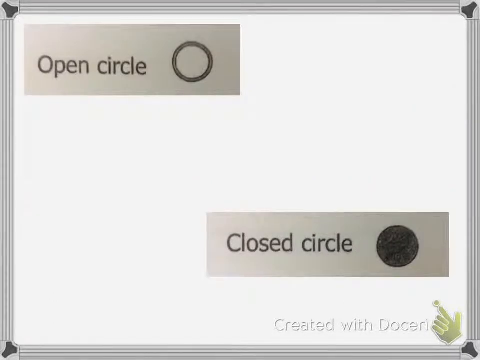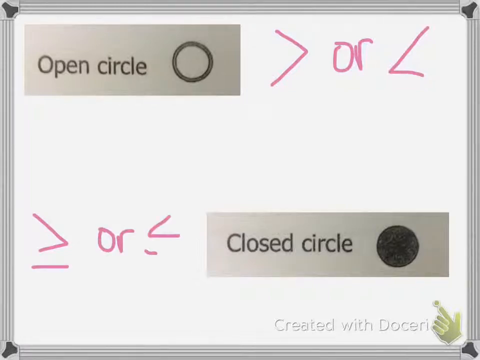So a little bit of a review from Friday. Remember that when you graph inequalities, whenever your answer cannot be exactly equal to a number, we use an open circle, and that corresponds with either greater than or less than. And when your answer can be exactly that number, we are talking greater than or equal to, or less than or equal to.